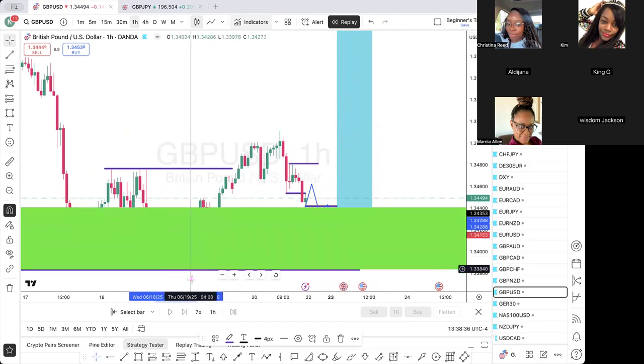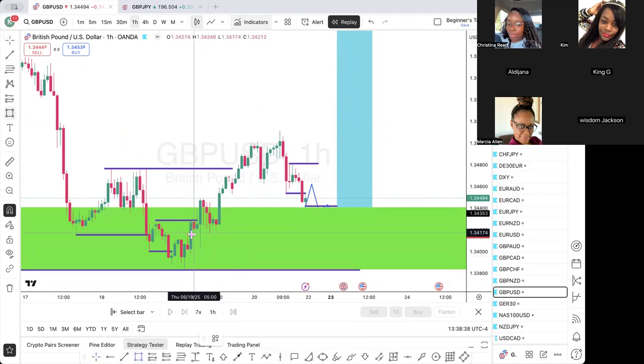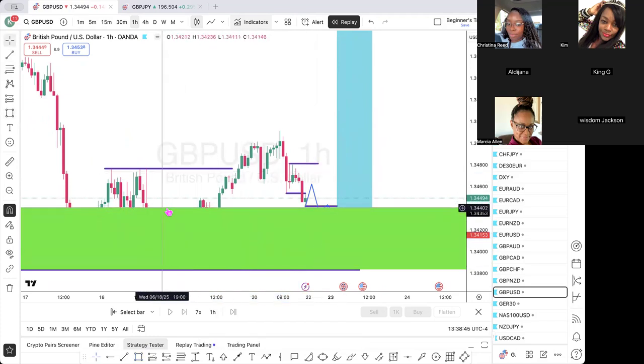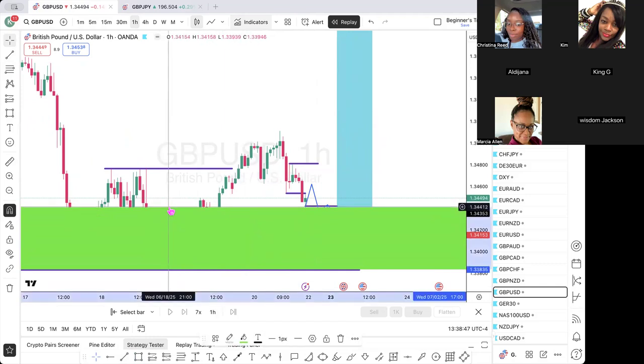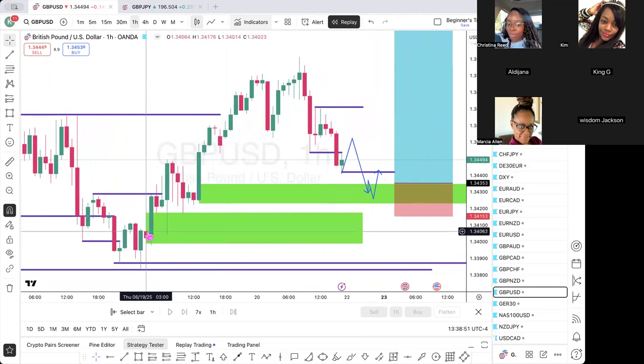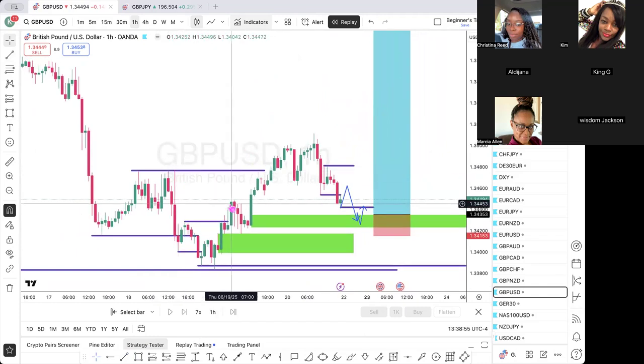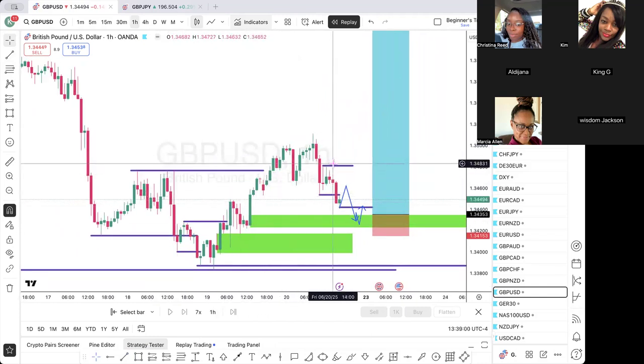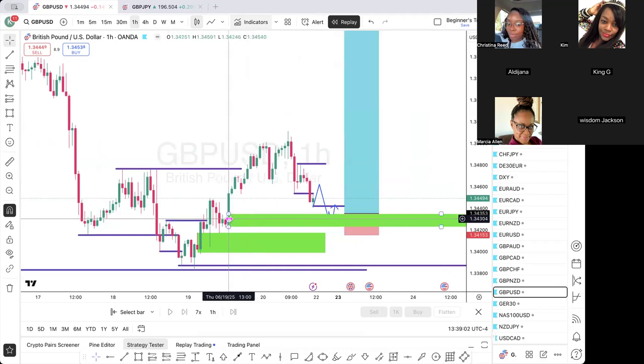This wick pulled back to the demand zone, right? And I'm going to delete the bigger POI so you can see it. Price pulled back to the demand zone. And now it's breaking structure. So now that price has broken structure, this is the next demand zone.